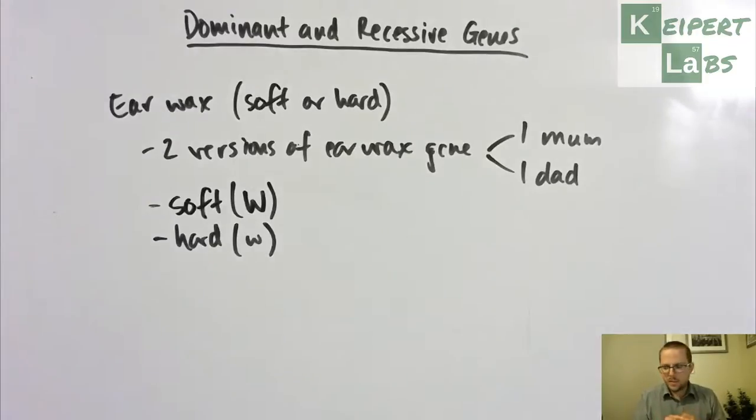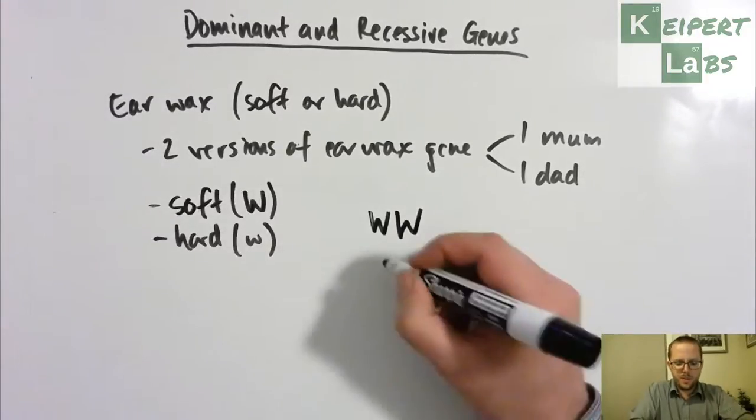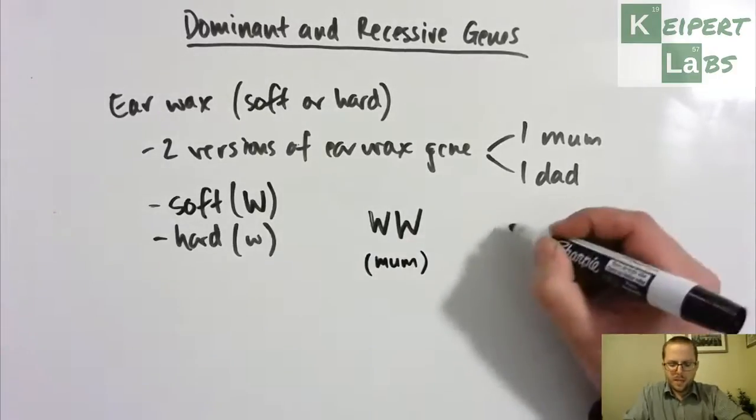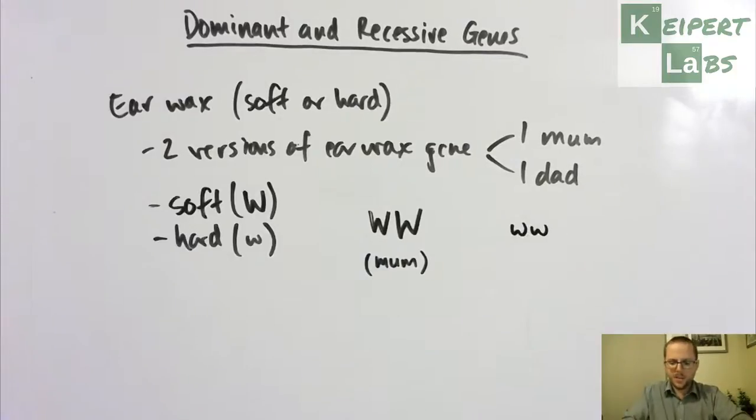All right, so remember, we've got two copies of each gene, two versions or two alleles of each gene. So let's say your mum has soft earwax and has two versions of the soft earwax gene. So this is mum. And your dad has hard earwax. He has two versions of the hard earwax gene.